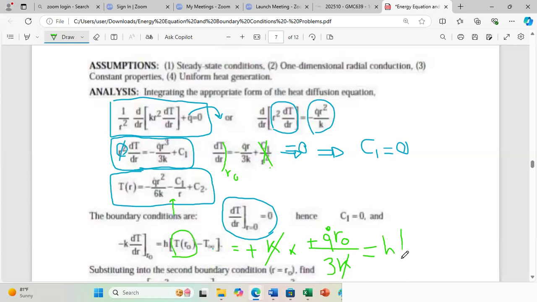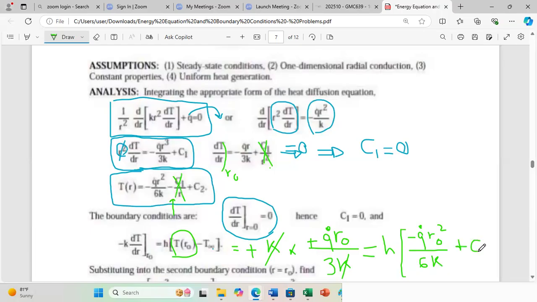So we have H times minus Q dot R0 square over 6K. C1 is 0, so this term will cancel out, plus C2.